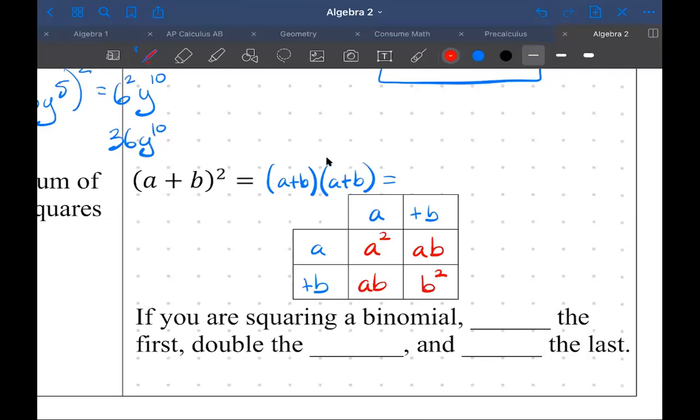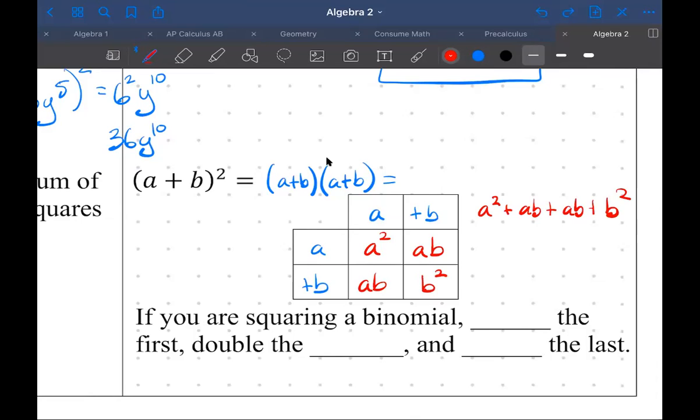Cool, and then we just add them all up again, right? That's what it means to have an area model or a general rectangle. We add everything in here and that's our answer, combining like terms eventually. I have a squared plus ab plus ab plus b squared. I have two of these ab terms, so when I combine my like terms, I say a squared plus 2ab plus b squared.